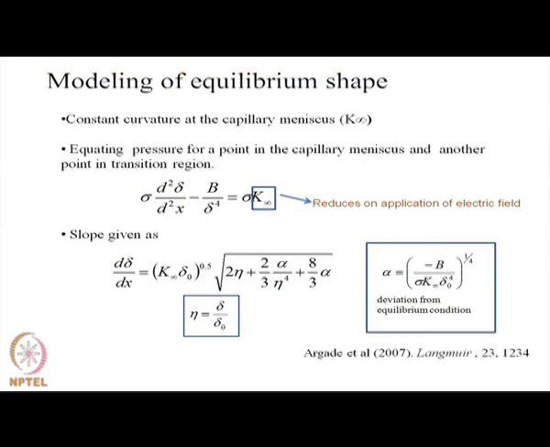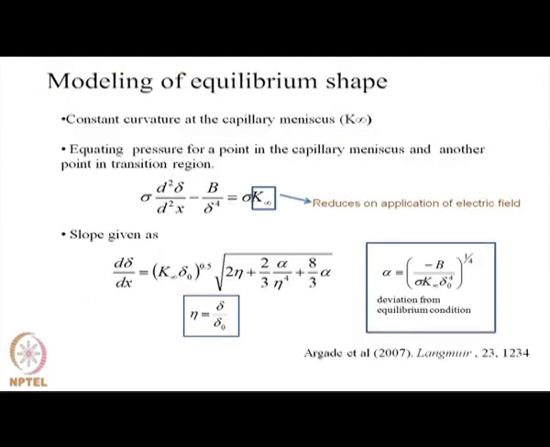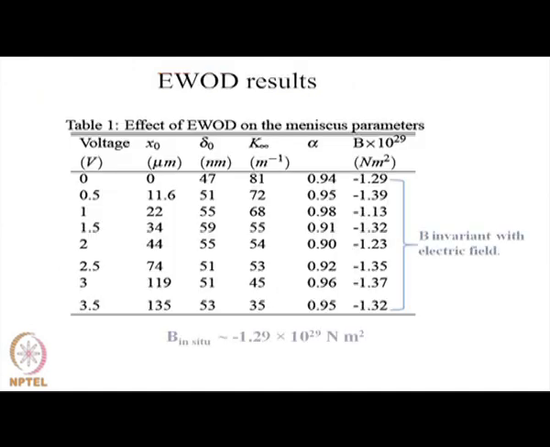So, we can do similar analysis as we have done before, and then in this equation the K infinity reduces on application of electric field, and what we have is the comparison between the theoretical value of slope and the experimental value of slope, and the comparison gives us the value of the Hamaker constant.